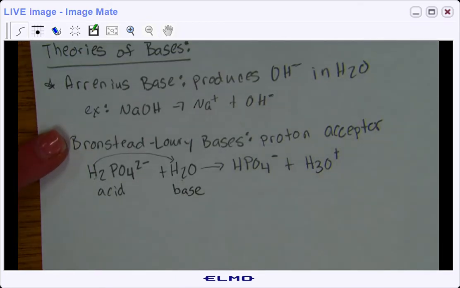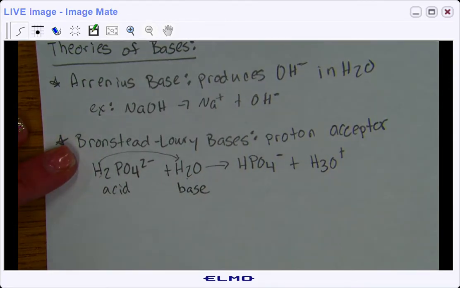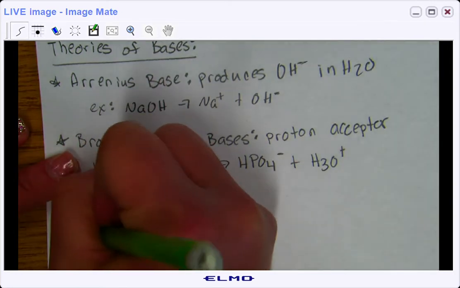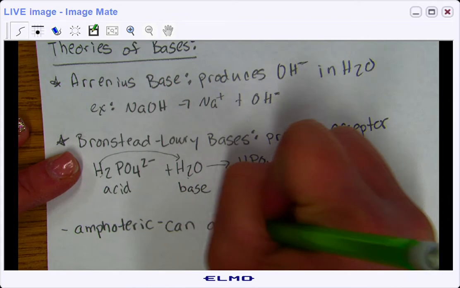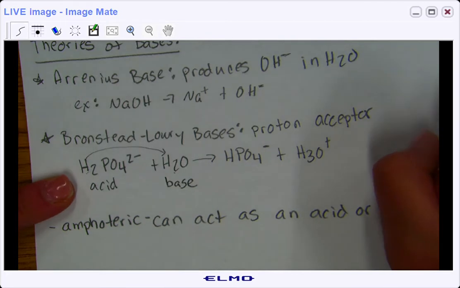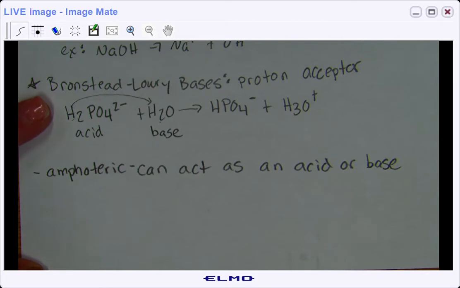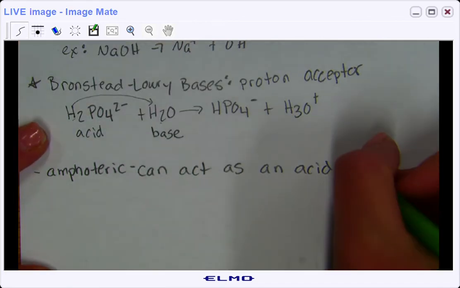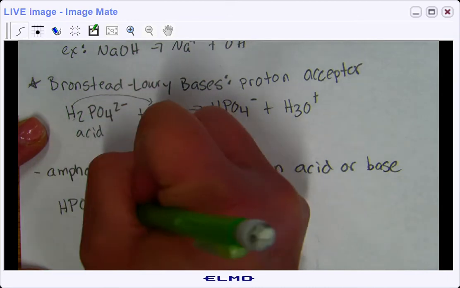Now, it is possible for something to act as an acid and as a base, and we call those amphoteric. So something that can act as an acid or a base is amphoteric. So let's take this HPO4 and let's add it to water.